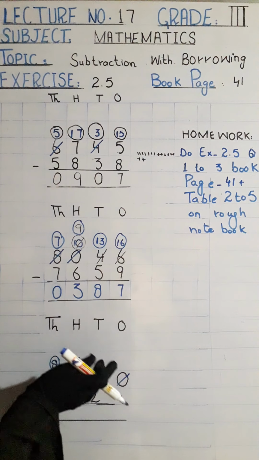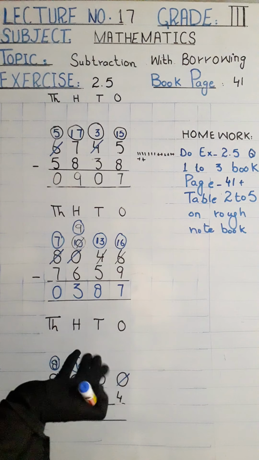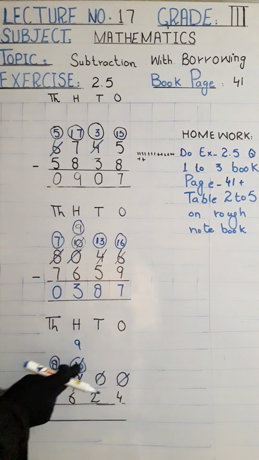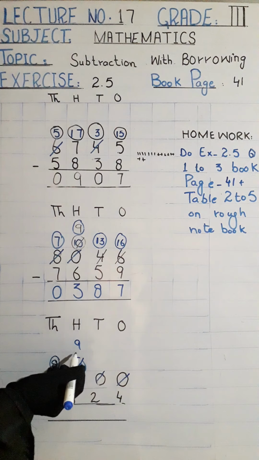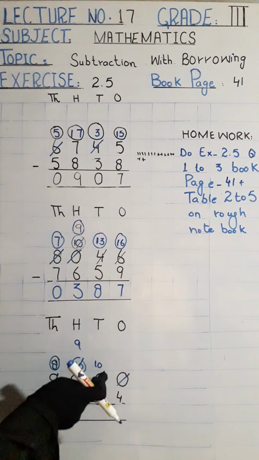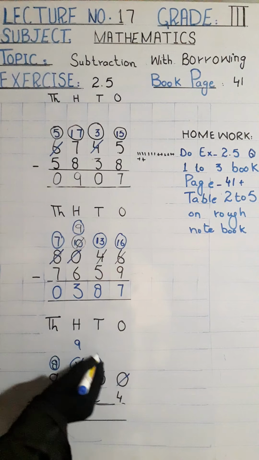We give 10 to the tens. Tens needs borrow. So we cross this number. When we cross this number, it becomes 9, and here the number is 10 because there is 0 and you carry 10.